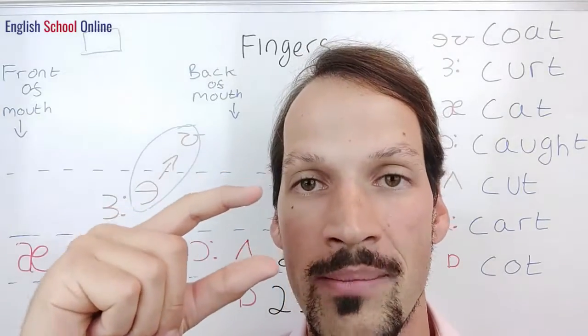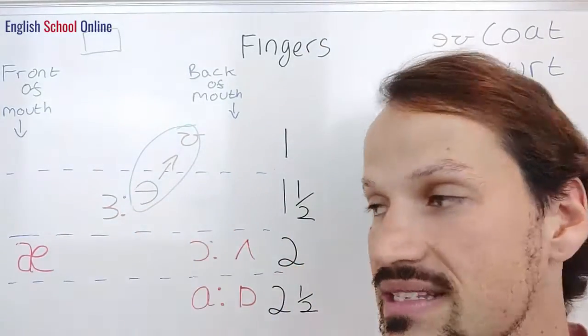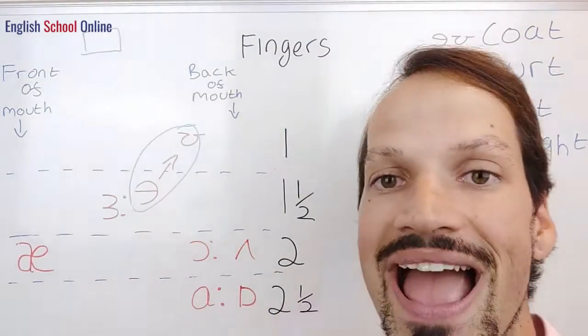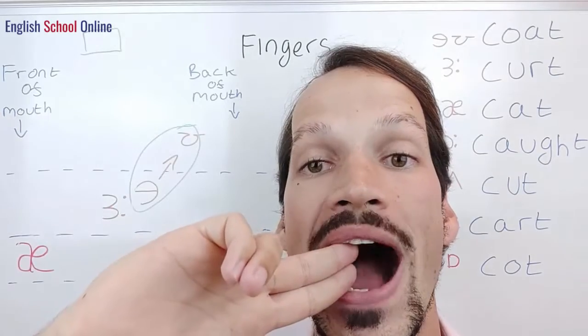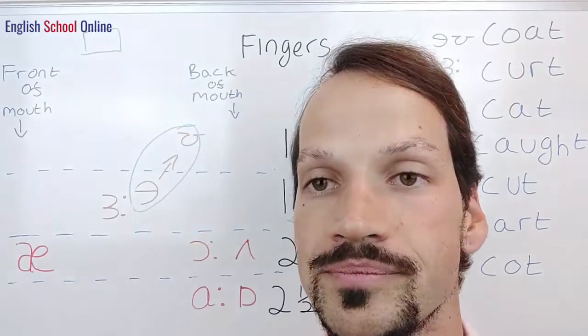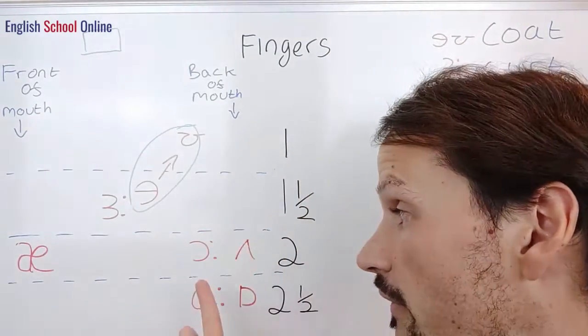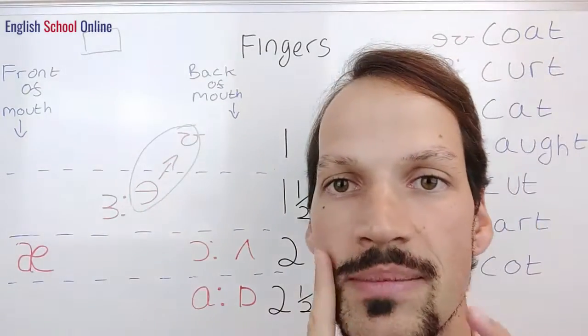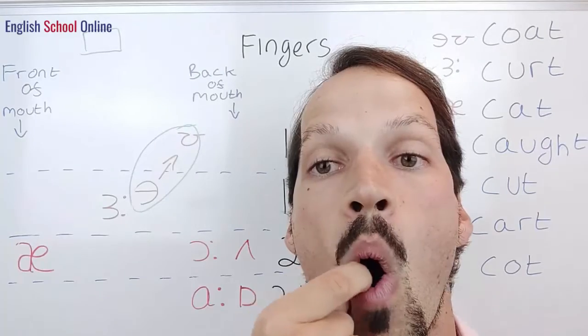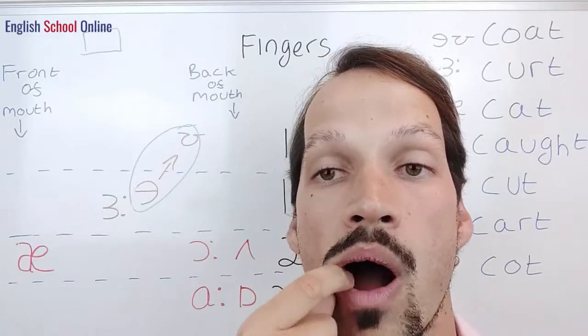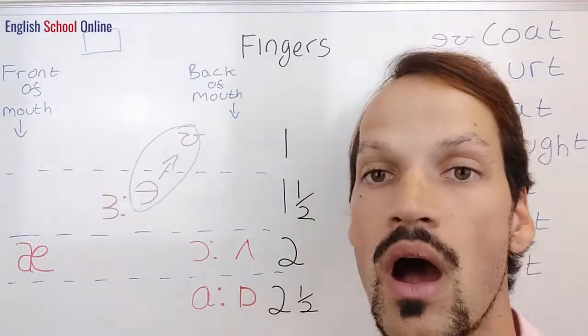The width of my mouth stays the same. There's space for two fingers. But for both of these sounds, because my lips are coming in a lot more, they're relaxed. Look at this. Or. And the other one, the short one, u.